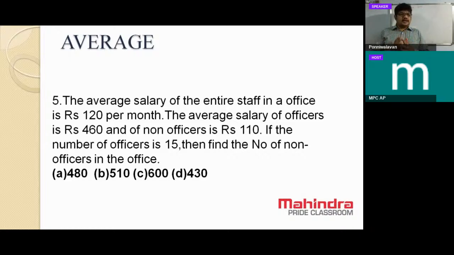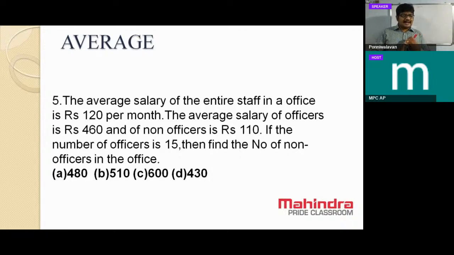Okay, if you see, they gave 3 averages. Average salary of the entire staff in the office is 120. Average salary of the officer is 460, of the non-officer is 110. Are you able to see these averages?